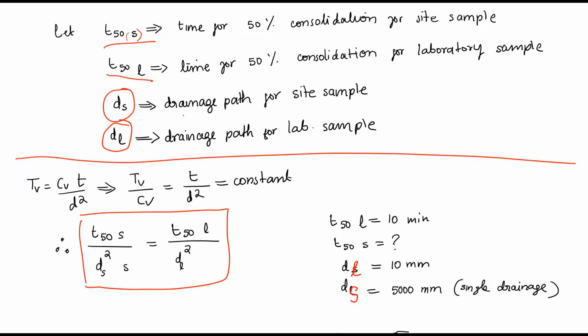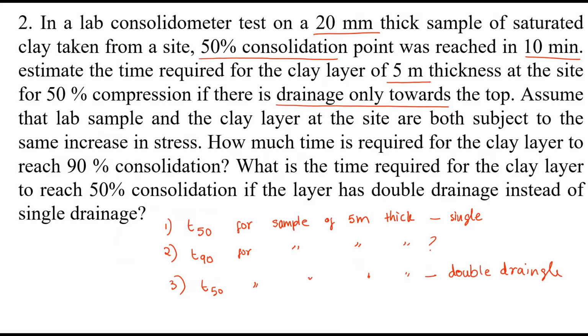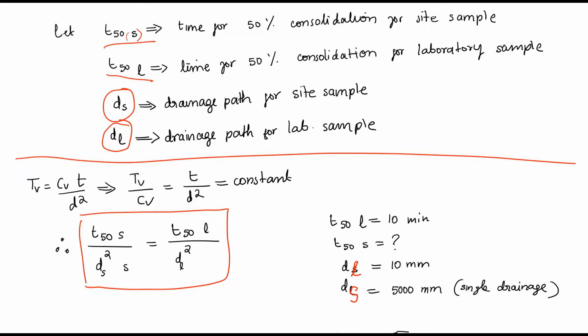DS means the drainage path for the site sample and DL is the drainage path for the lab sample. Here it is given that for a lab sample which is 20 mm thick, the time required to reach 50% consolidation is 10 minutes.